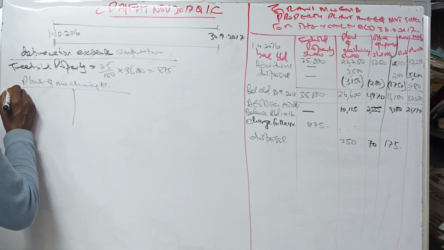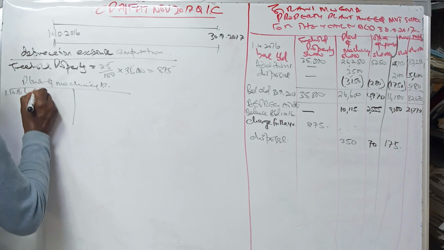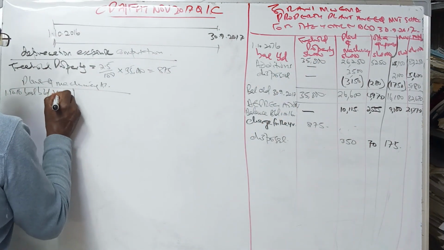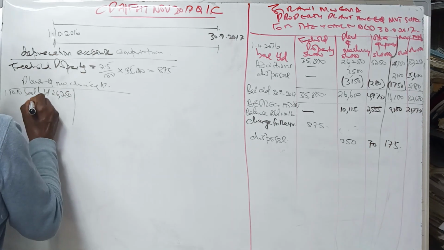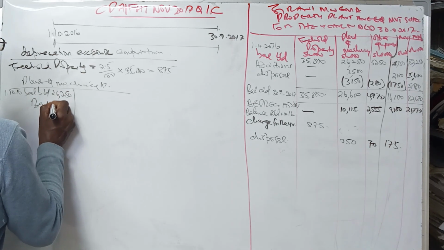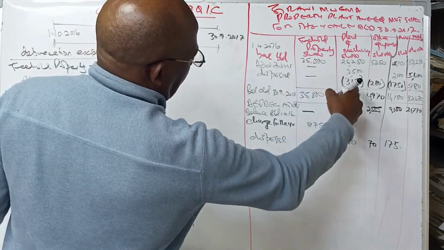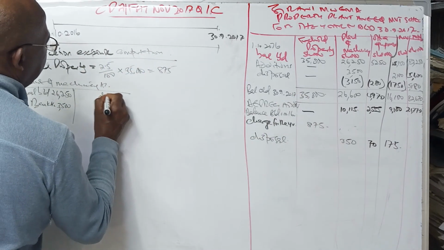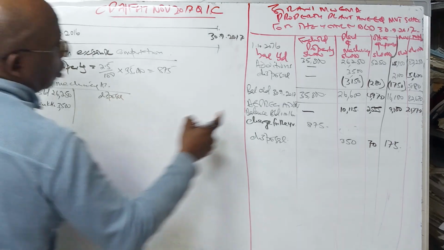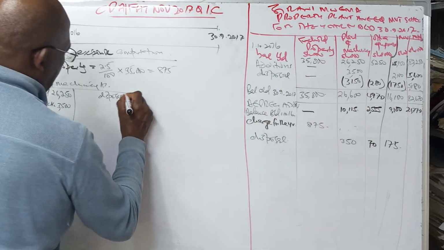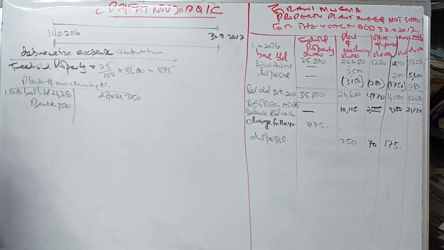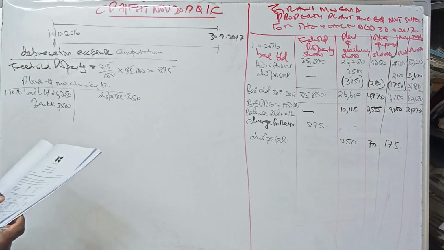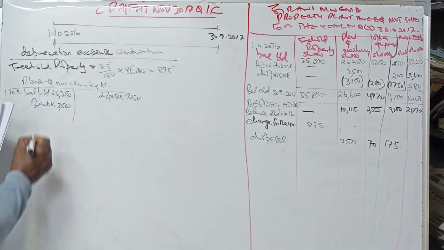On 1st of October 2016, balance brought down for plant and machinery is 26,250, and addition through bank is 3,500. Then we have a disposal of plant and machinery of 150. Now, the date of acquisition for plant and machinery is 1st of October 2016.